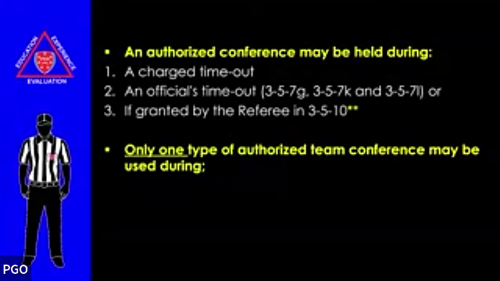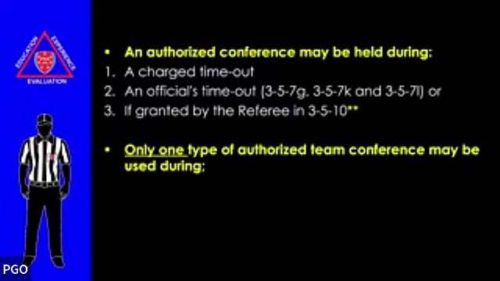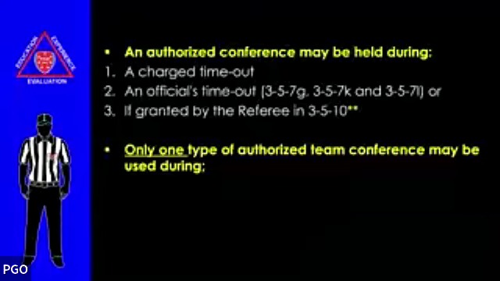All right, only one type of authorized team conference may be used during any timeout. So again, like I said before, you can't do outside and inside. You can't have two. You have either or. You can't do 30 seconds outside the 9-yard mark and the other 30 seconds inside the 9-yard mark.